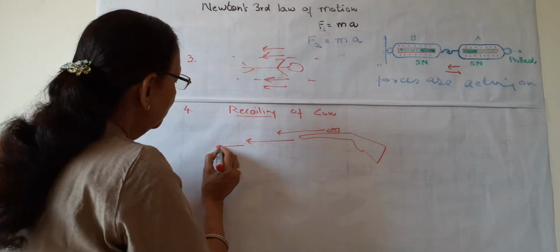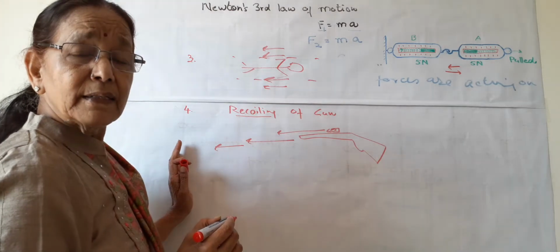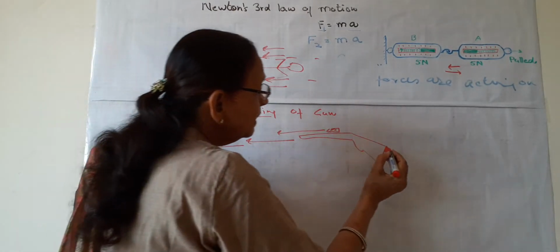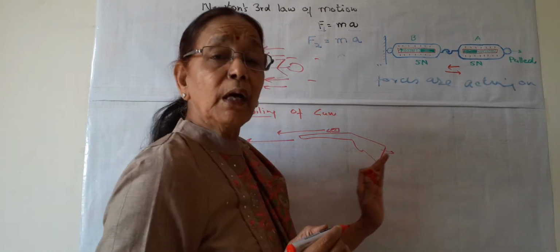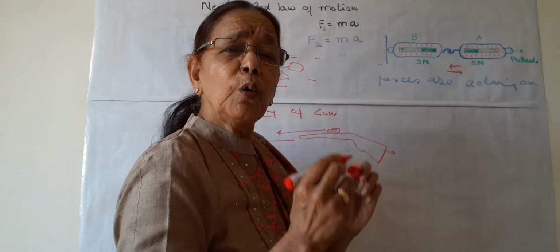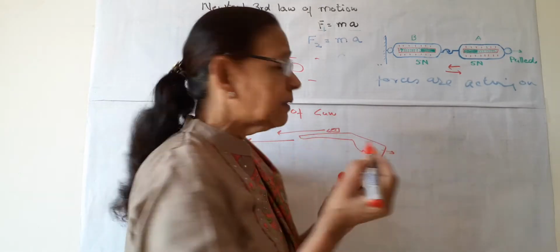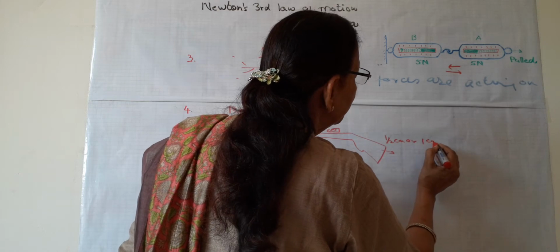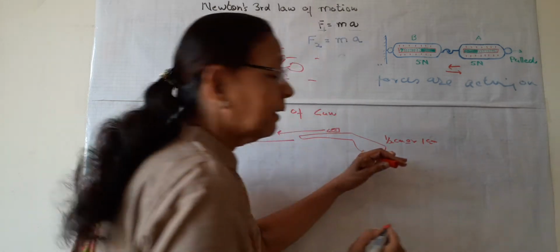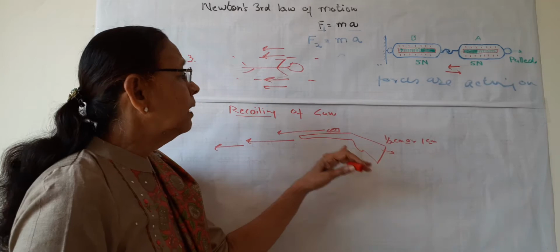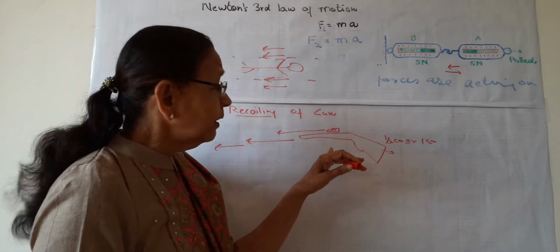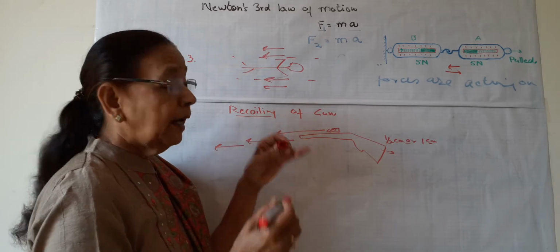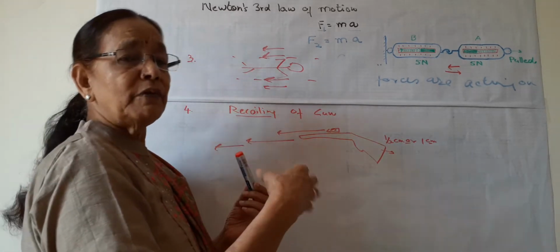The bullet goes a far distance, some meters or whatever, and this gun also moves in a backward direction, though very slightly, about half a centimeter or 1 centimeter. This moving back of the gun after or during firing of the bullet is known as recoiling of the gun.